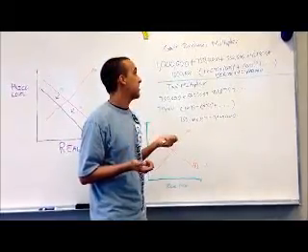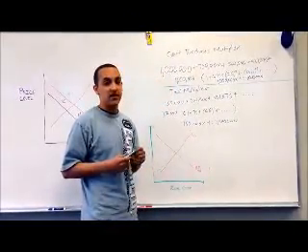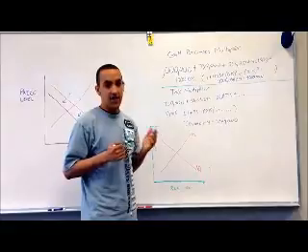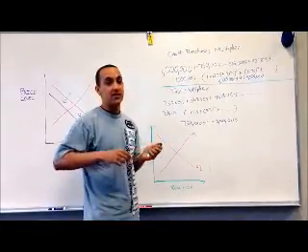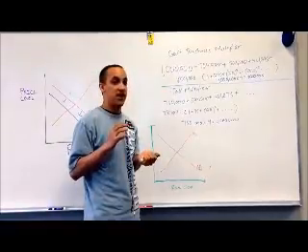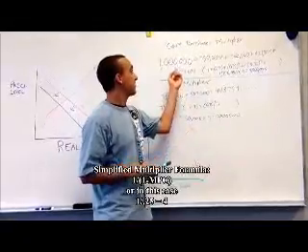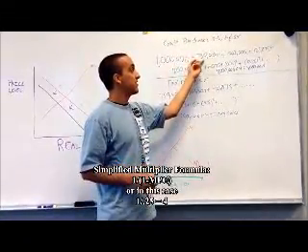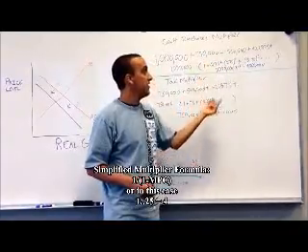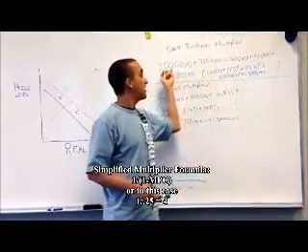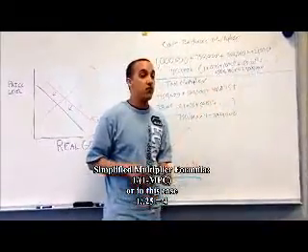For example, if the government increases their purchases by $1 million, and the marginal propensity to consume is 0.75, that means 75% of that $1 million is going to go back into the economy, and that keeps going and going. As you can see, originally it's 1 million, and then it goes to 750,000, and 75% of that, and on, to the point where a $1 million increase in government spending increases GDP by 4 million.